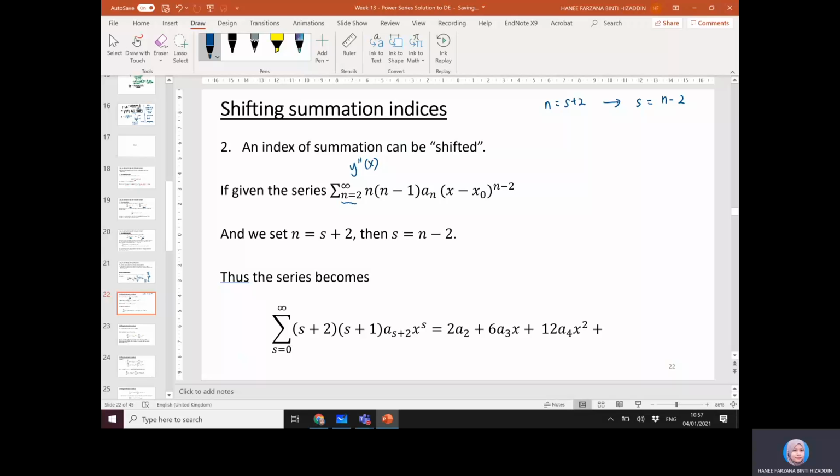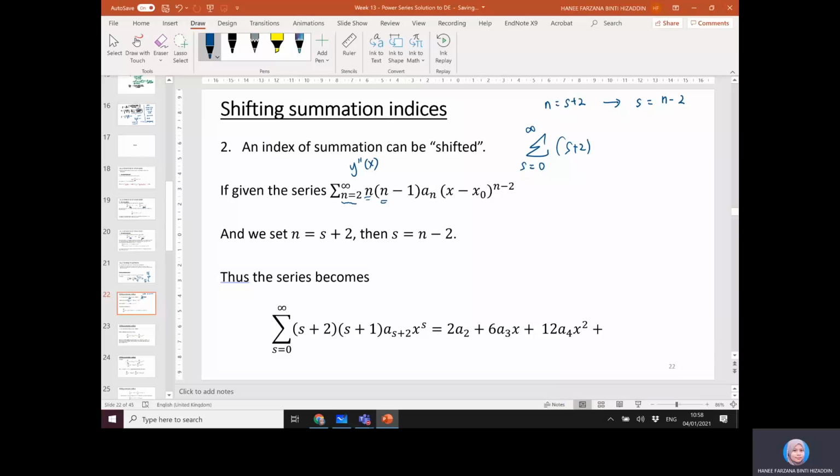So now, instead of starting from n equals 2, you want to start from s equals 0 until infinity, because s is n minus 2. When n equals 2, 2 minus 2 is 0, so s equals 0. Here your n is s plus 2, so put this as s plus 2.